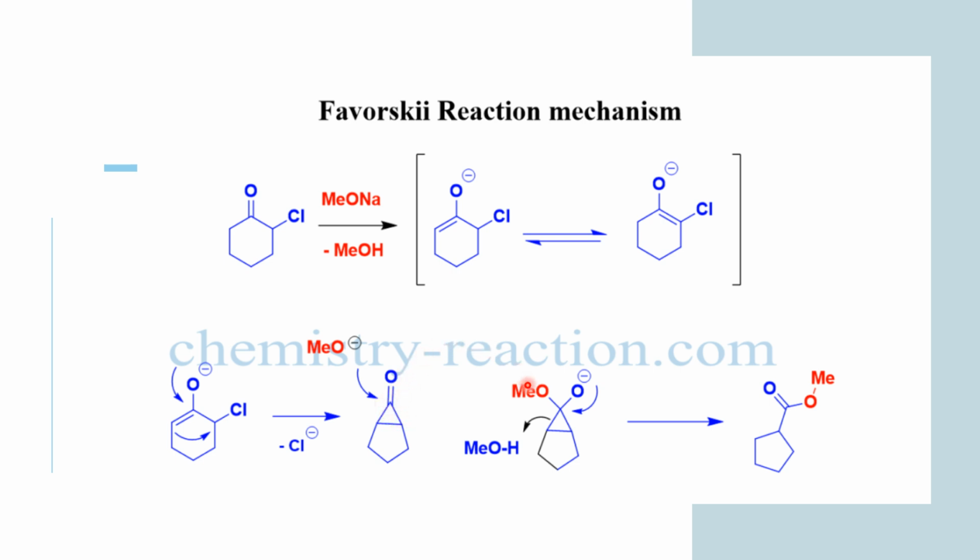And after the ring opening, the anion which is going to form takes up a proton from the solvent to give us this five-membered ester. Okay, I hope it is clear to you how starting from an alpha-haloketone, we are getting a five-membered ester as the final product.